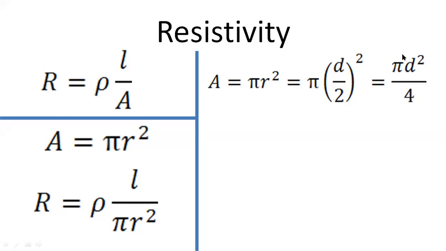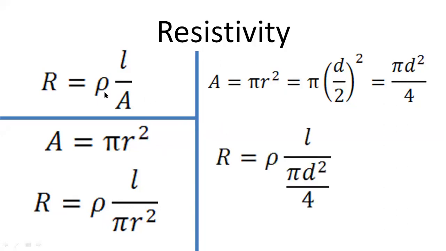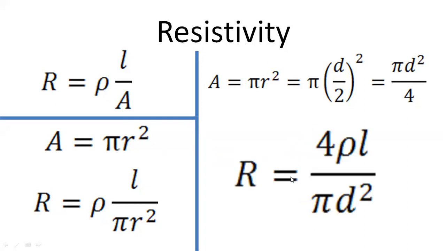Rho stays the same, L is the same, and in place of A we place pi d square by 4. You can see this 4 can be shifted to the numerator side. So this formula will become 4 rho L by pi d square.